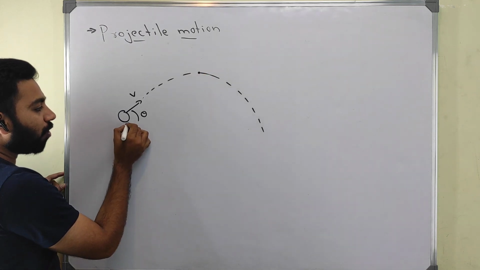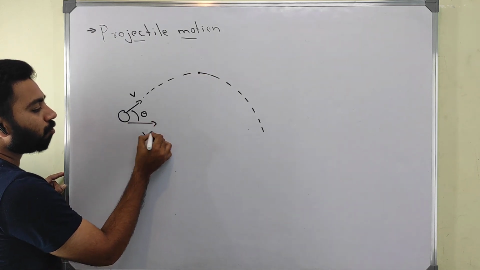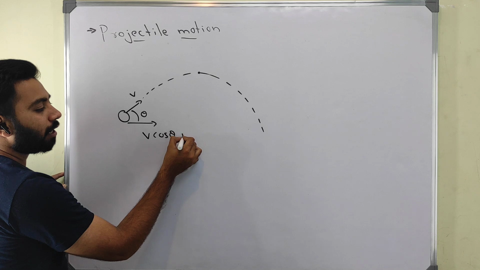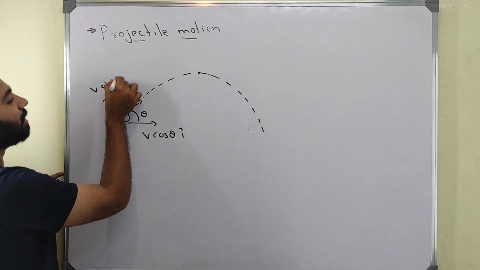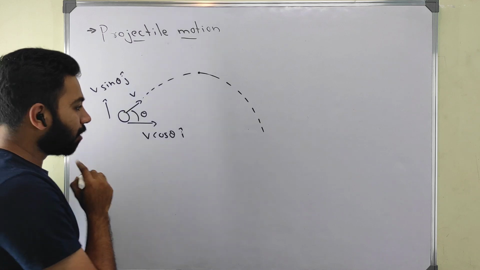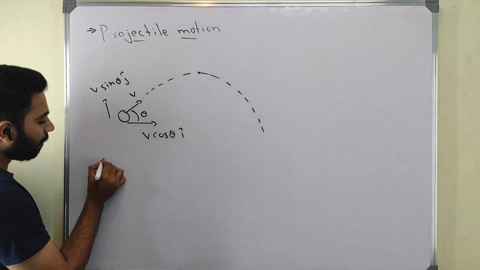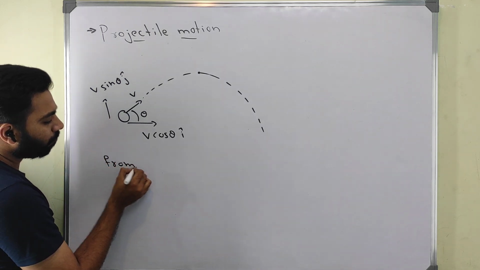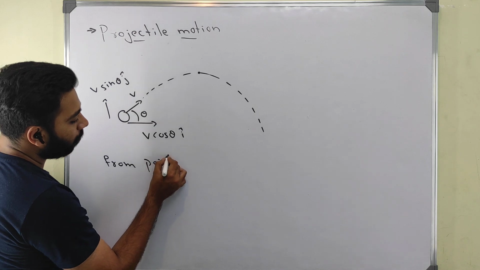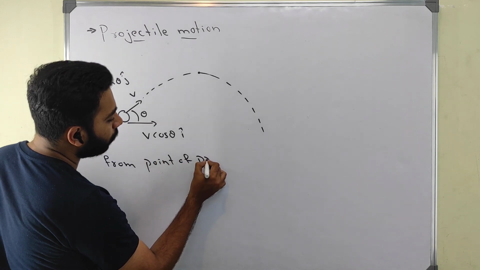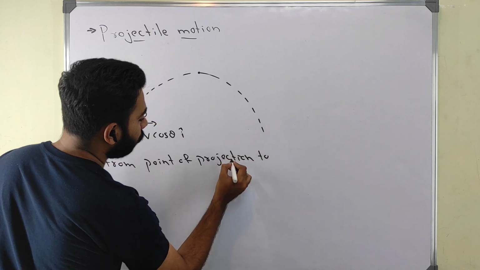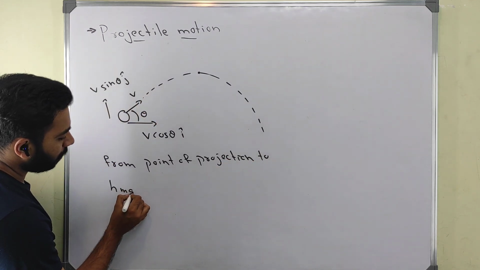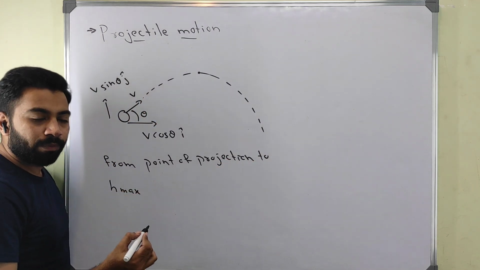Here we have v cos theta in the i cap direction and v sin theta in the j cap direction. Now if I go from the point of projection to h max, what is the change of momentum in between?